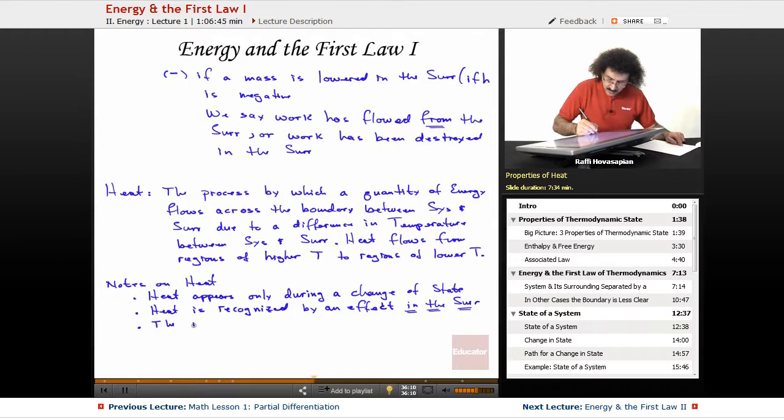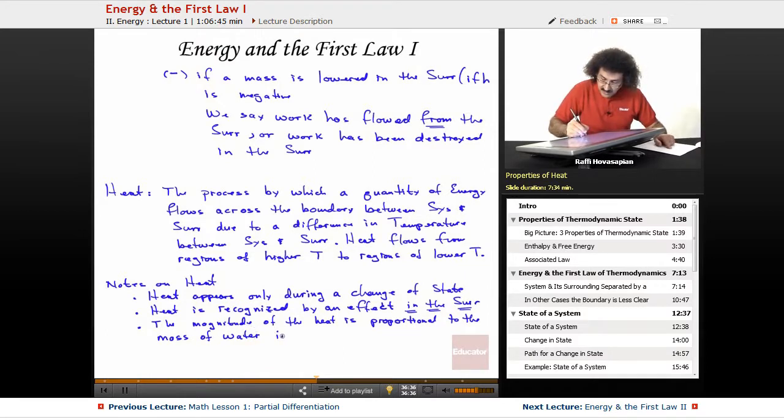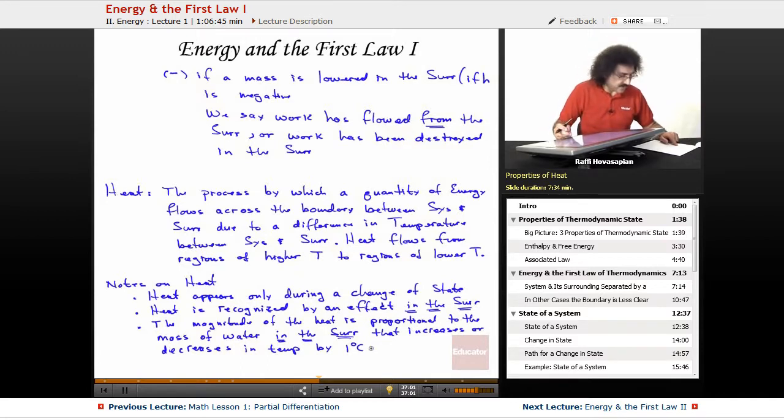The magnitude of the heat is proportional to the mass of water in the surroundings that increases or decreases in temperature by 1 degree Celsius. Or let's just say 1 degree.